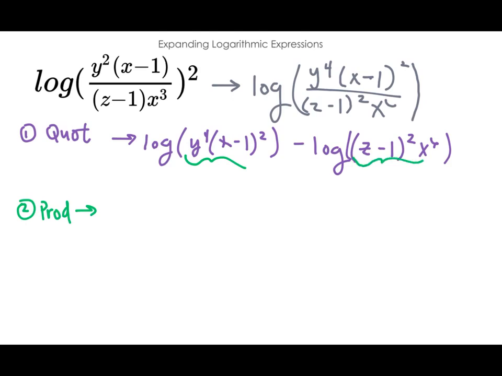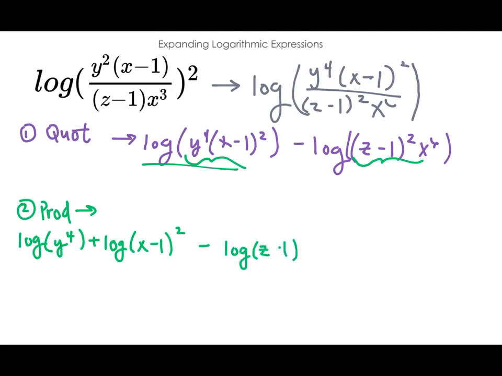Both of those expressions need to be split to addition. So we're going to have log of y to the 4th plus log of x minus 1 squared. Okay, that's this one being separated. And then minus log of z minus 1 squared plus log of x to the 6th.